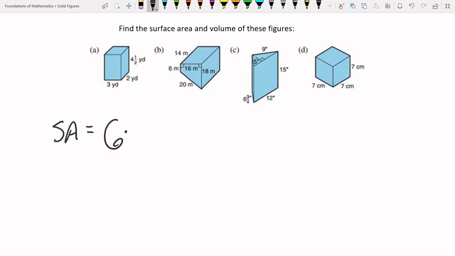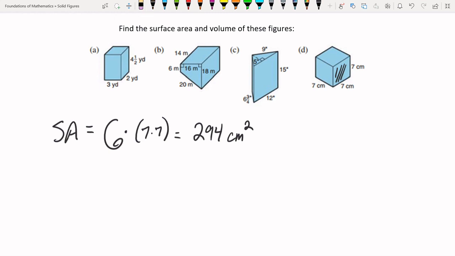Length times width, or base times height, is just 7 times 7, which is 49. 49 times 6 gives us 294. This is a surface area, so it's centimeters squared.